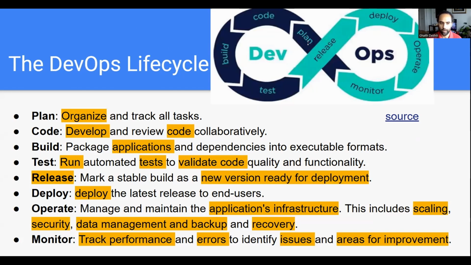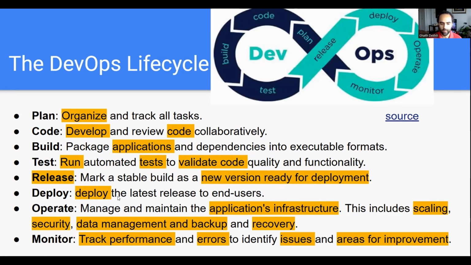It starts with planning, which consists of planning for tasks. This is followed by coding, so developing code in collaboration, followed by building applications and running tests to validate this code, then releasing a new version once the code has been validated and is ready for deployment.